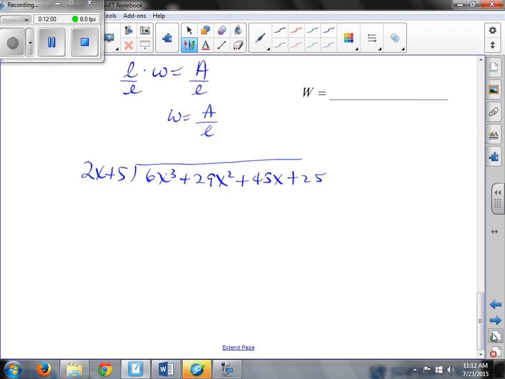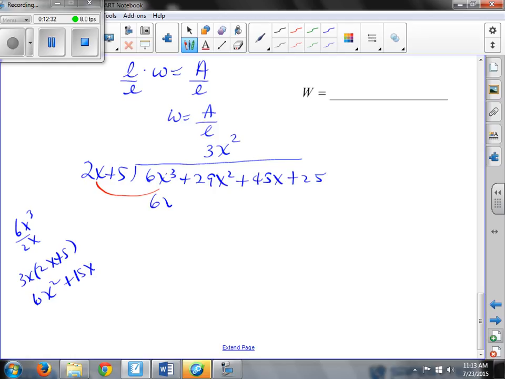Alright, so I'll start off with 2x times what gives me 6x cubed, or what is 6x cubed divided by 2x? Well, it's 3x squared.